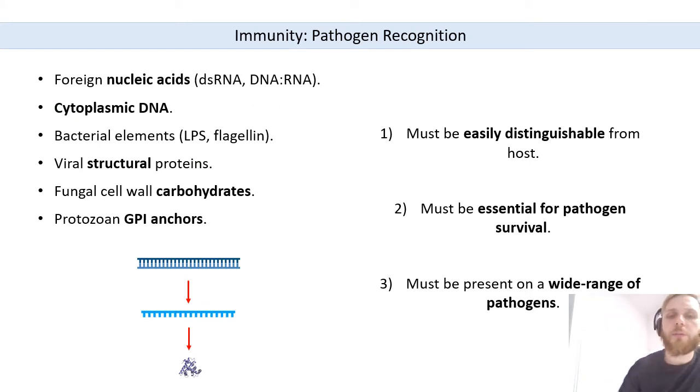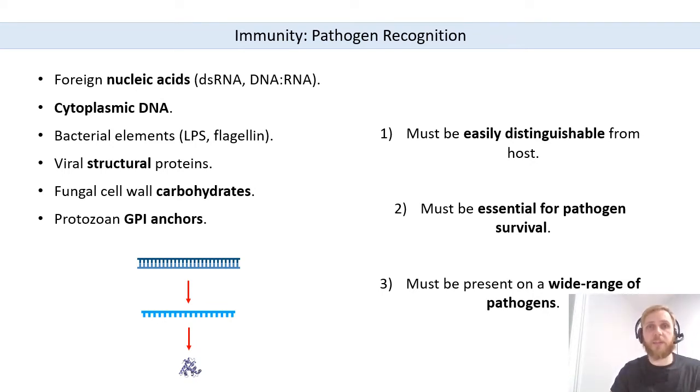So if we look at some specific examples of PAMPs, hopefully we'll see how these meet the criteria, these features. So foreign nucleic acids, this is a massive one for viral infections. Many viruses will have genome compositions that aren't normal nucleic acid formats seen in a healthy cell.